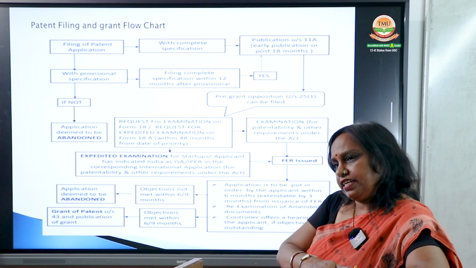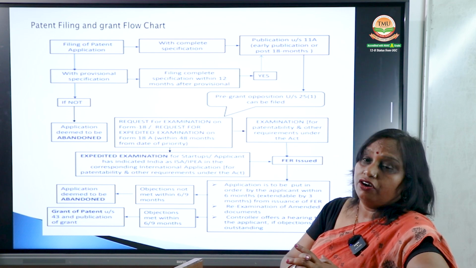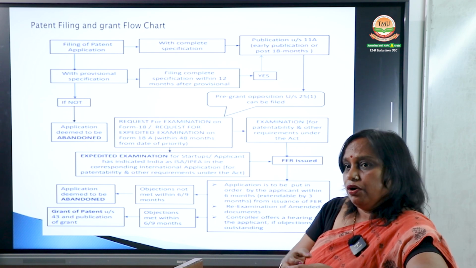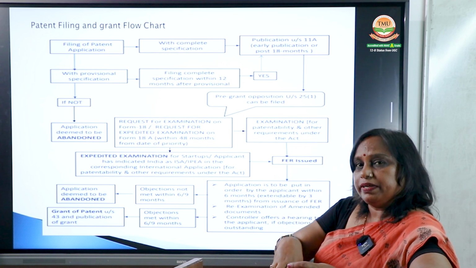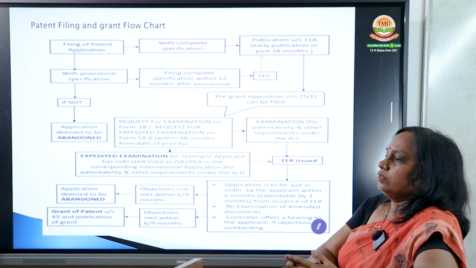If any objection is taken, or if some point is not clear, or the patent office wants some more clarification on a particular aspect of the invention, then it has to be satisfied.